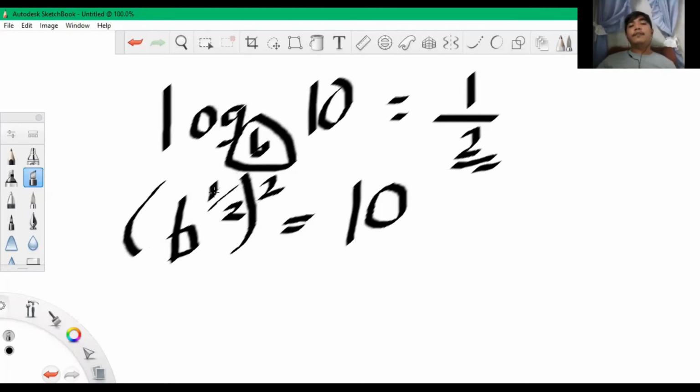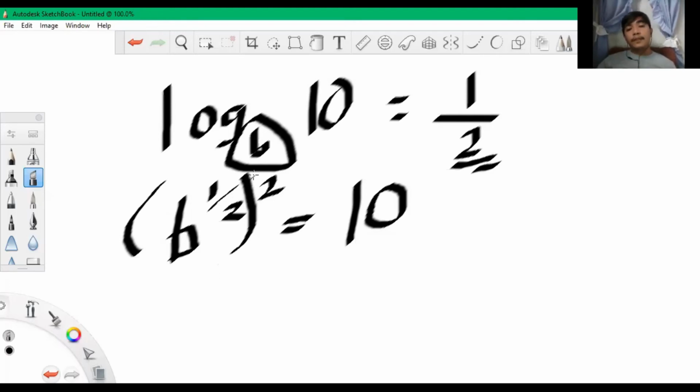Kasi when we multiply this exponent, so we have the numerator times numerator, so 1 times 2, that will be equivalent to 2. And then 2 times 1 is 2 as well. So 2 divided by 2, then it is equivalent to 1 na.